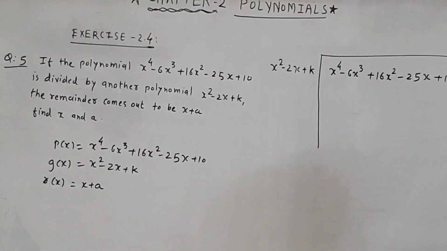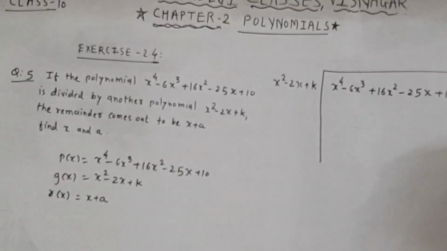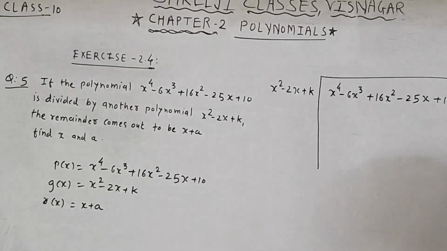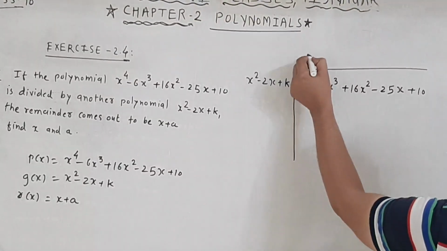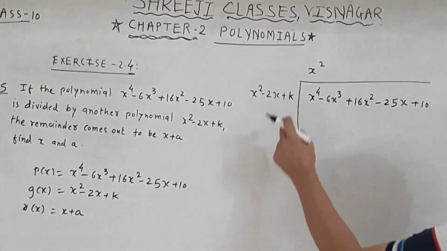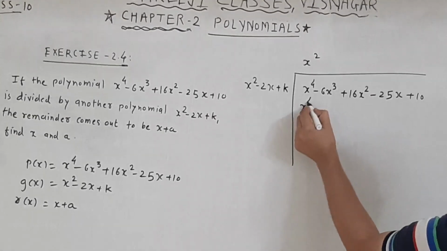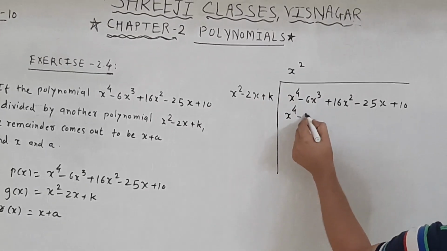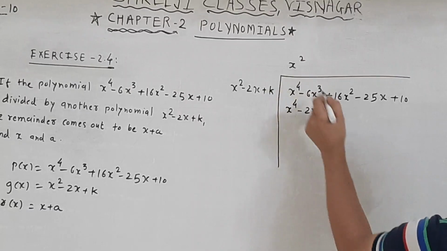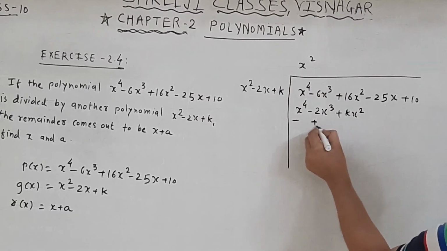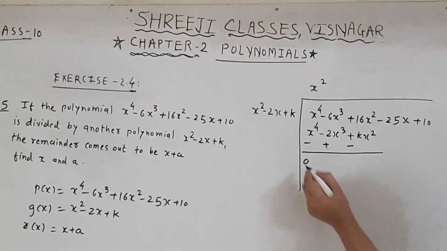Okay. Here p of x divided by g of x. Therefore x square multiplied with x square is equal to x raised to power 4. Therefore x square multiplied with the whole divisor polynomial is equal to x raised to 4 minus 2x cube plus kx square, k is an unknown number. Change the sign. That one is 0.